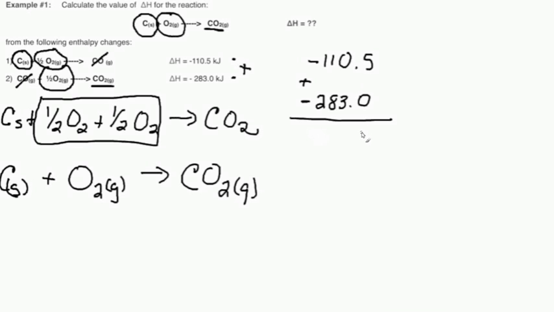Add these up, and you get 393. And don't forget your negative sign, because this is a negative 110 plus a negative 283 gives you negative 393 kilojoules. And that's your final answer. That's an exothermic reaction.